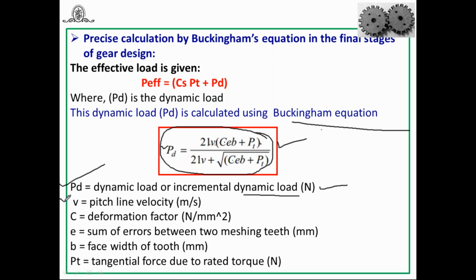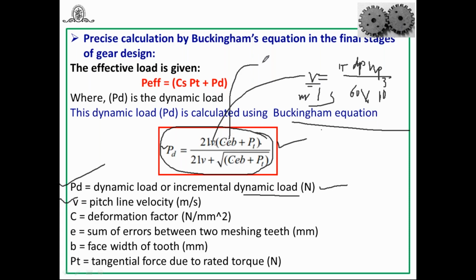Here PD is the dynamic load or incremental dynamic load. V is the pitch line velocity. We know very well the pitch line velocity, we have calculated 5 point something. That is pi dp np upon 60 into 10 raised to 3, to get the value of V in meter per second. What is E? E is the gear tooth error, that is E equal to EP plus EZ, and we have to calculate EP and EZ.